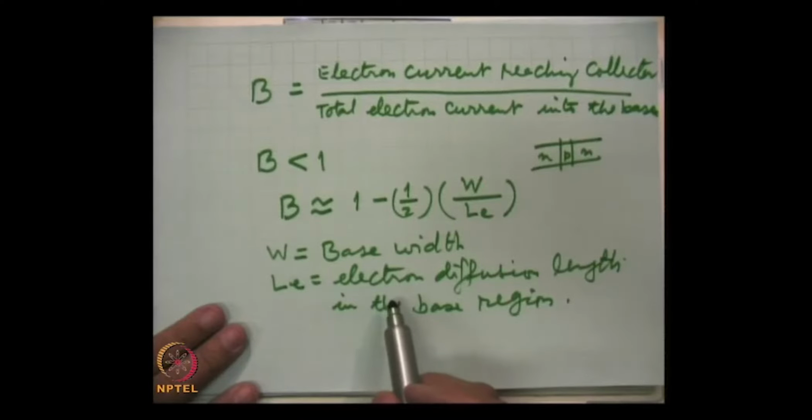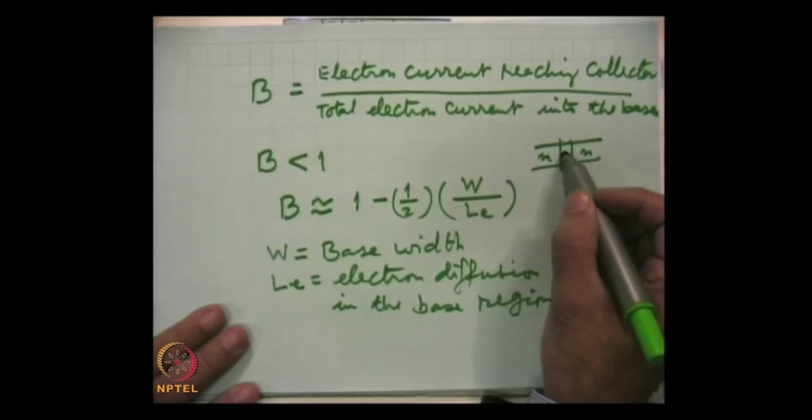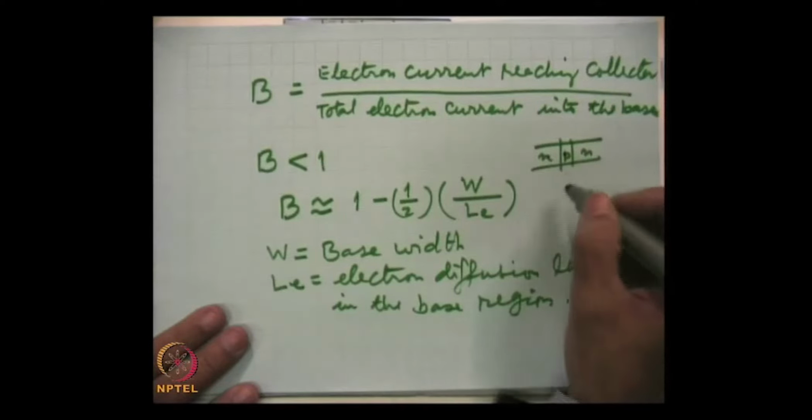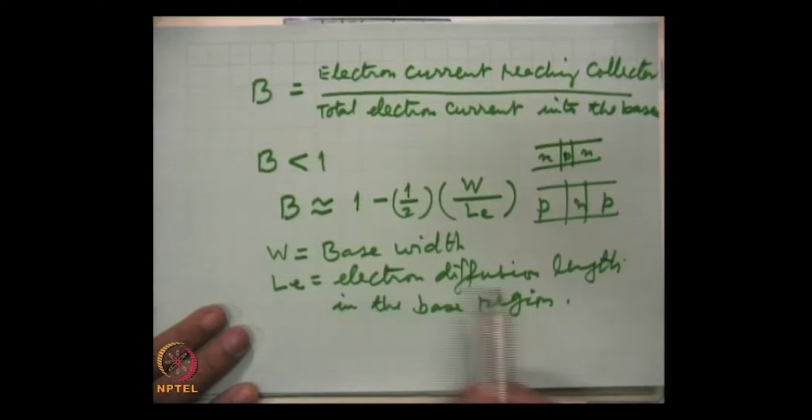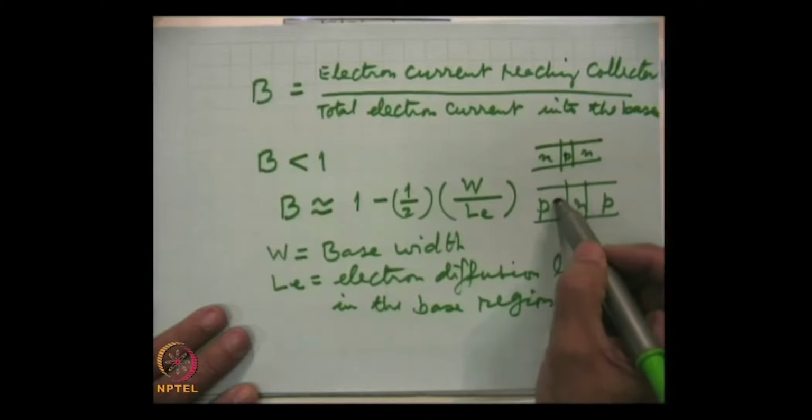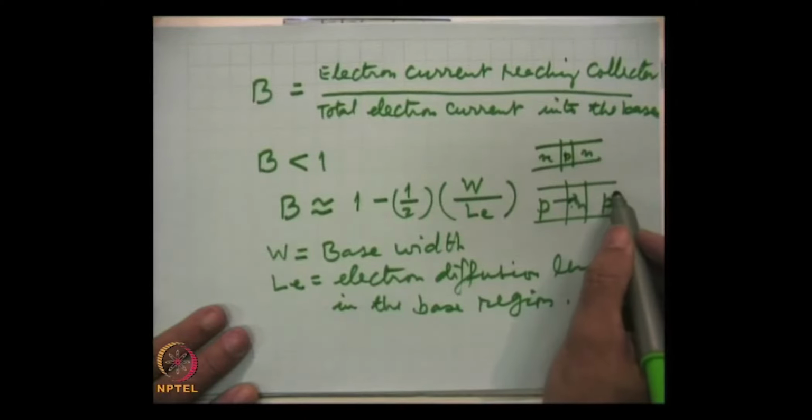Why is a transistor called a minority operated device? Because when electrons are injected into the base, in the p region they are in minority. If we talk of a PNP transistor, then it will be the hole diffusion length in the base region. Holes will be injected into the base and they will finally be collected here.